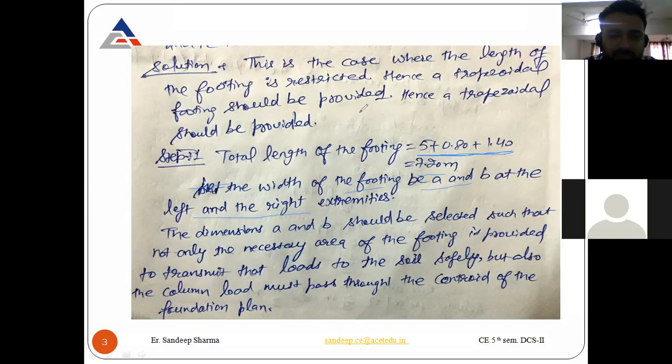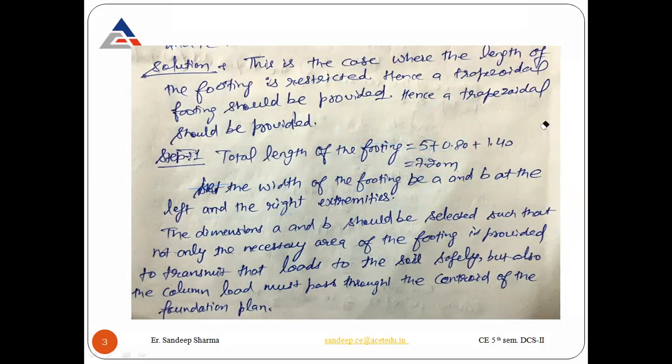So such a shape is what you will get, with two different sizes of width. We can say that this one is the A side and this one is the B side of the footing. The dimensions A and B should be selected such that not only is the necessary area of the footing provided to transmit the load to the soil safely, but also the column load must pass through the centroid of the foundation plan.